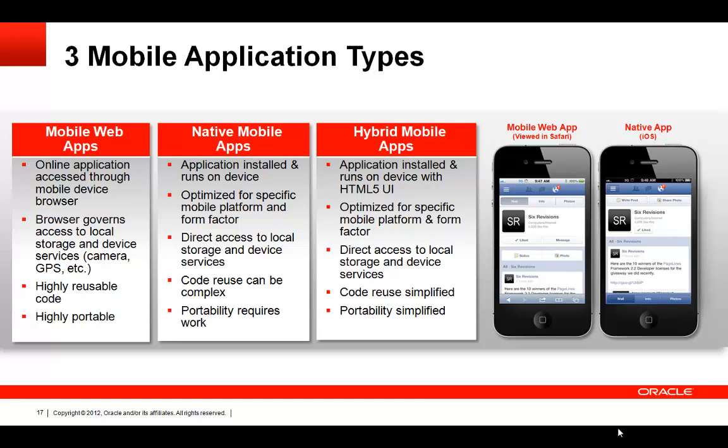You still keep the advantages of portability in terms of the capability to build portable user interfaces and portable code because you're running inside the same container. Many of the enterprise applications that are being developed today, and according to analysts are going to be developed in the future, are going with this hybrid mobile application development approach.